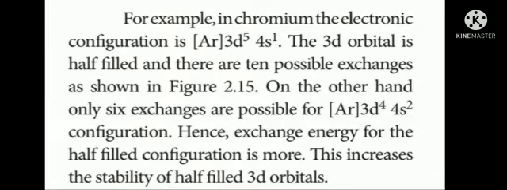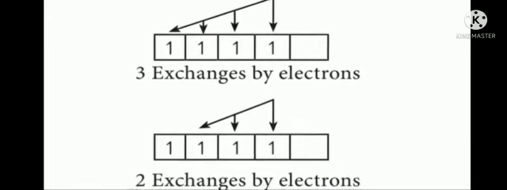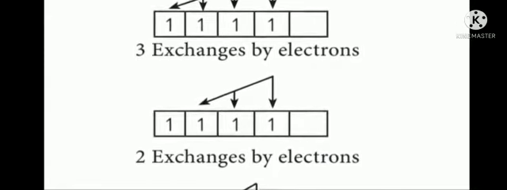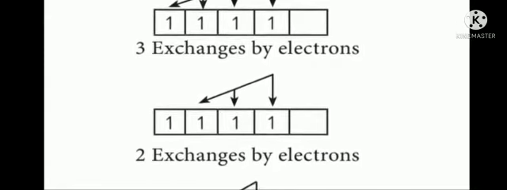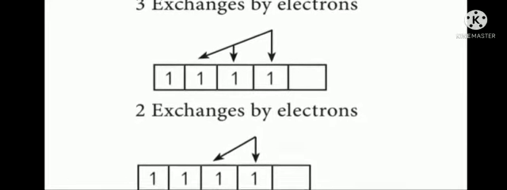On the other hand, only 6 exchanges are possible for the [Ar] 3d4 4s2 configuration, which is shown here. 3 exchanges are possible when the first electron is exchanged, 2 when the second electron is exchanged, and 1 when the third electron is exchanged.